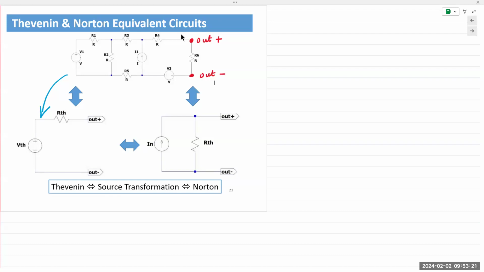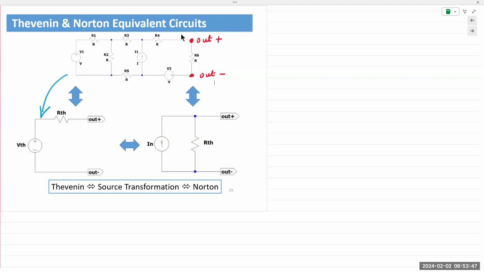And he postulated that it is possible to represent the exact same circuit in terms of a current source in parallel with that resistance between those same open terminals. So his theorem was a derivation of Thevenin's theorem, and the reason is that it is more useful for him to represent the circuit as a current source.